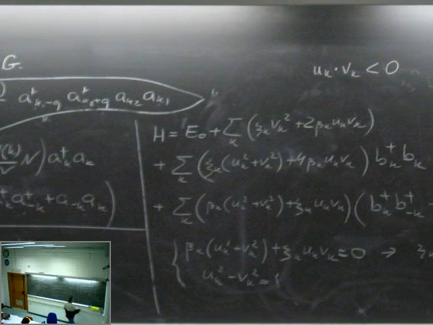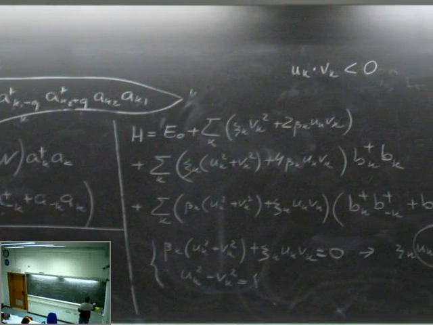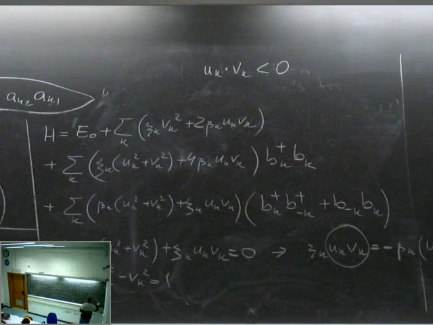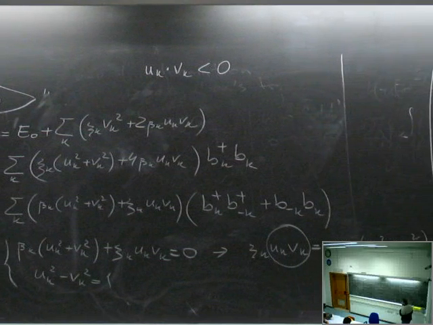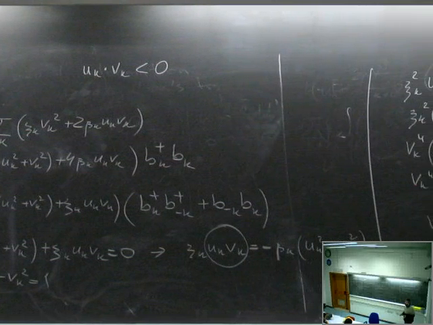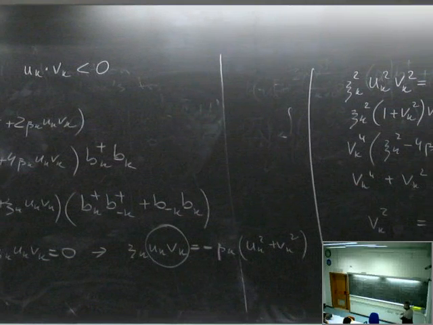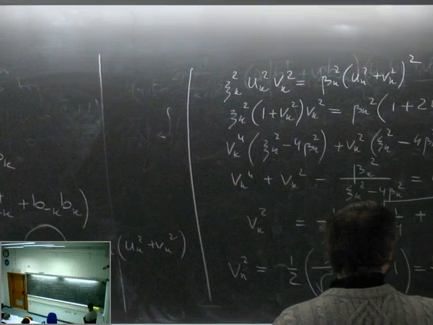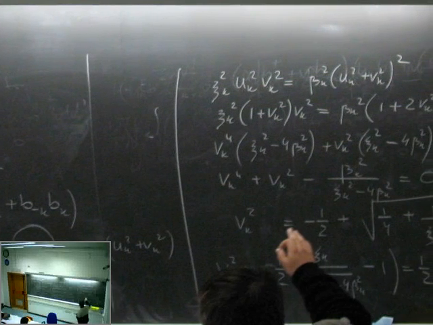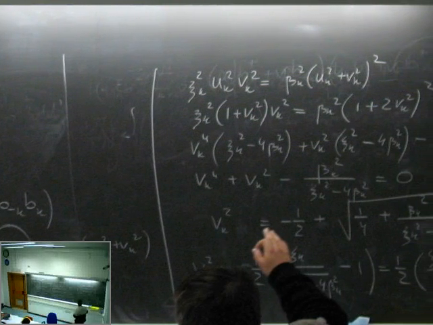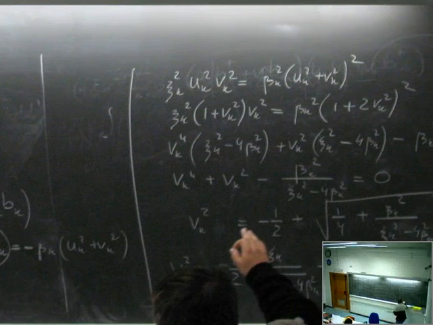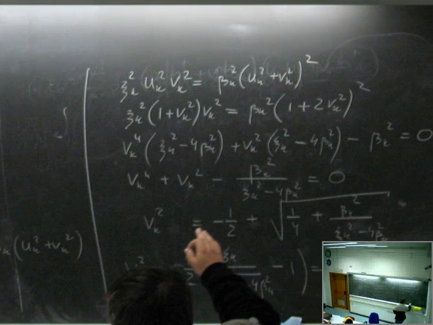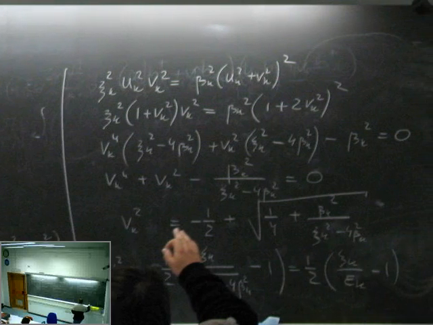So vk square is 1/2 times (psi k over ek minus 1). I don't put any modulus because I know which quantities are positive, and they're all positive. Therefore there is no danger with that. And of course, uk square is vk square plus 1. So uk square is equal to 1/2 times (psi k over ek plus 1).